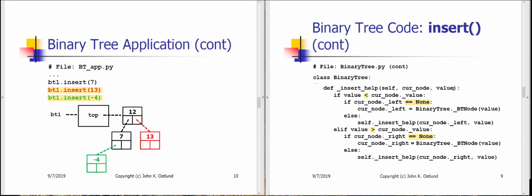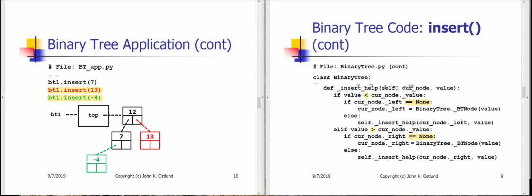Value this time is -4. We discover that -4 is less than 12. However, curnode.left is not none. Curnode.left is the node containing the 7. So we drop down to else here and we call insert help, passing the node containing the 7 and -4.